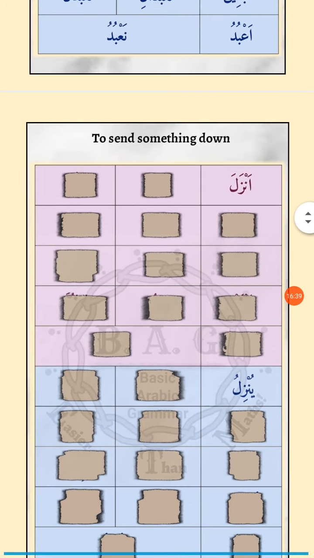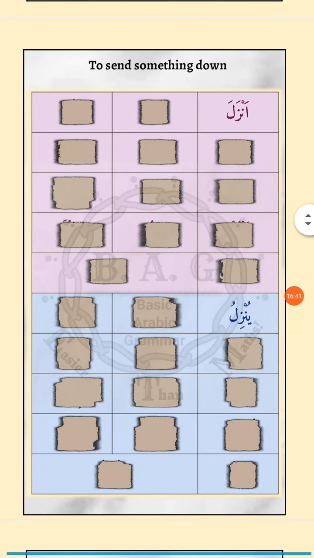Okay, next one is to send something down. Anzala. Now I'm sorry, but I did this on purpose. This is not your classic three-lettered huwa version of the fi'l, but it has an additional letter of Hamza, and the rest of the letters are the same. Nazala.